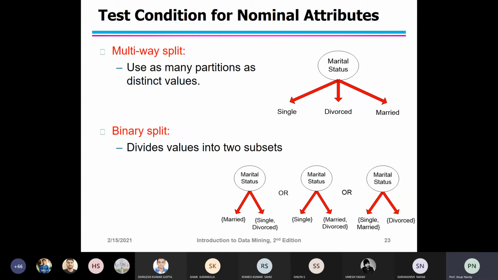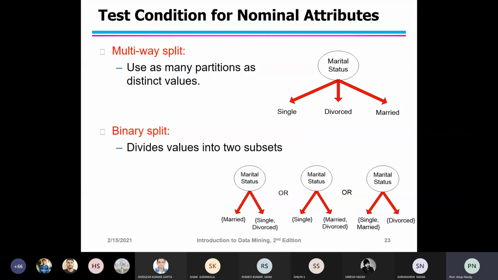As you can see in marital status, you have single, divorced, and married. Since nominal attributes can have many values, their test conditions can be expressed in two ways.